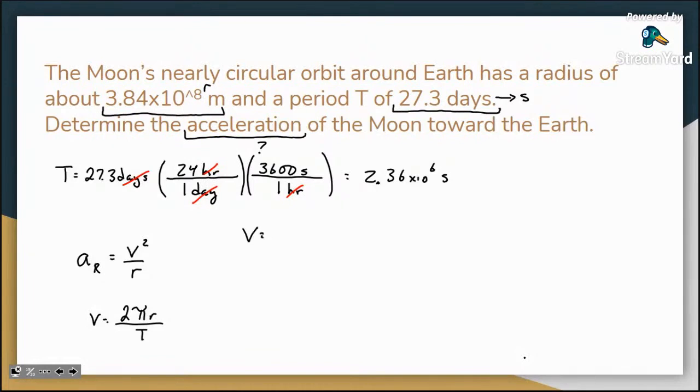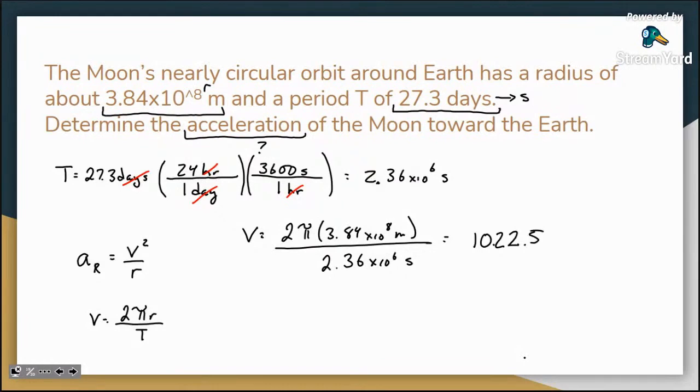So first off, velocity would be 2 pi times that radius of 3.84 times 10 to the 8th meters, all divided by this period of 2.36 times 10 to the 6th seconds. And that gives me a velocity of 1022.5 meters per second, approximately.